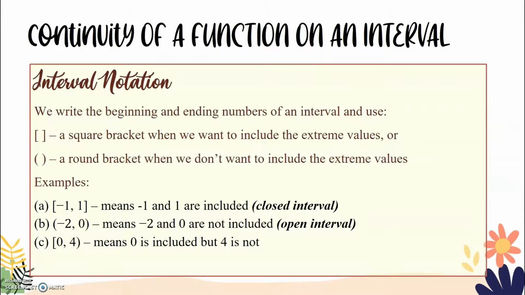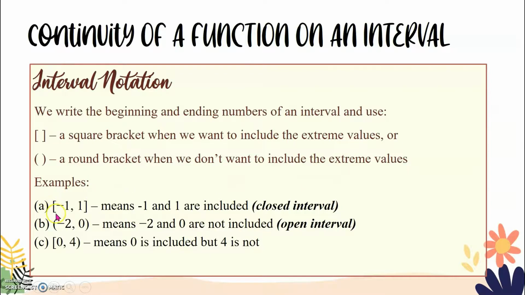Now let's go to continuity of a function on an interval. Let's review first interval notation. We write the beginning and ending numbers of an interval and use a square bracket when we want to include the extreme values, or a round bracket when we don't want to include the extreme values.